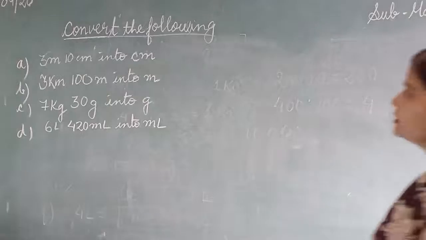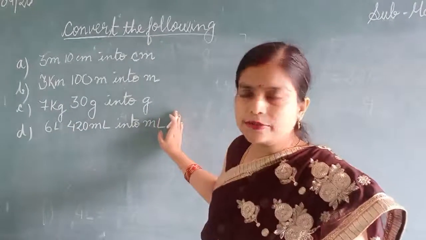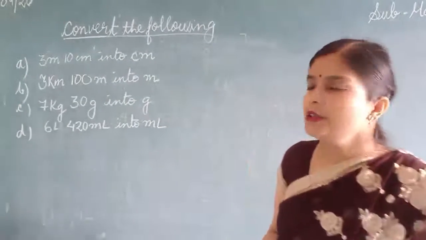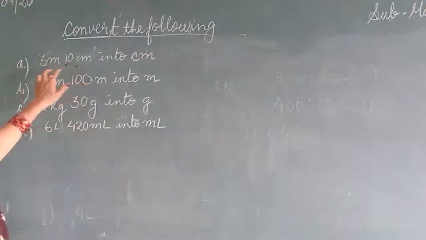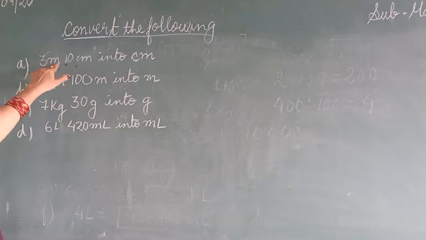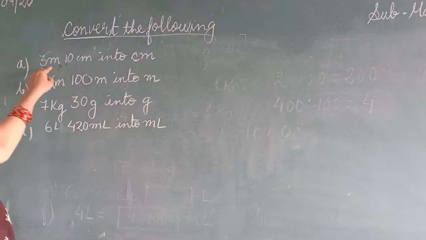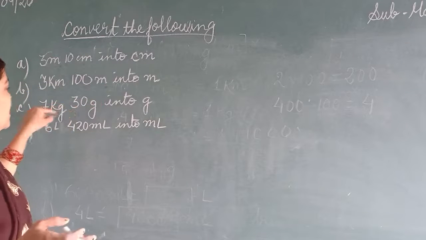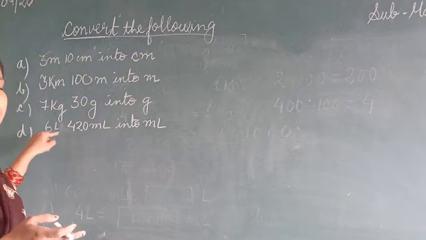Now children, here are some questions where you have to convert into a smaller unit only: centimeter, meter, gram and milliliter. But here it is given in a mixed form. The length is given in meter and centimeter both, in kilometer and meter both, the weight in kg and gram both, and here liter and milliliter both.